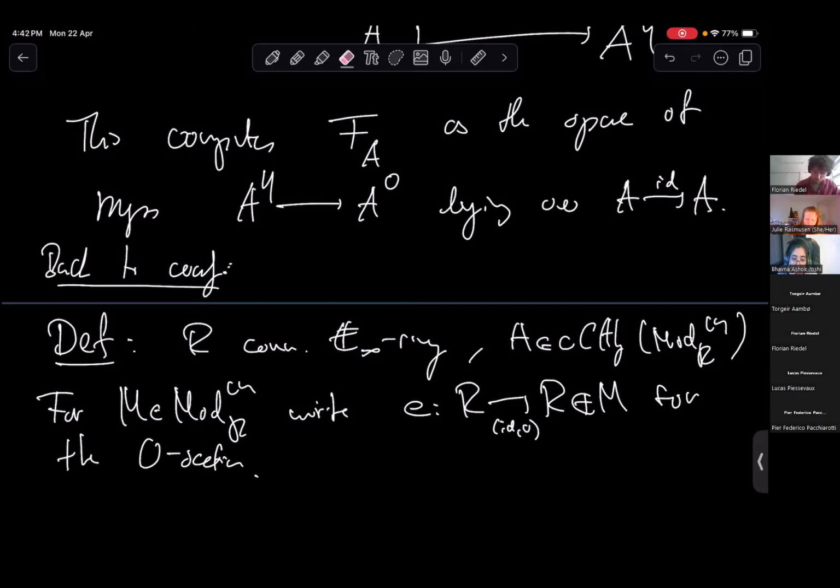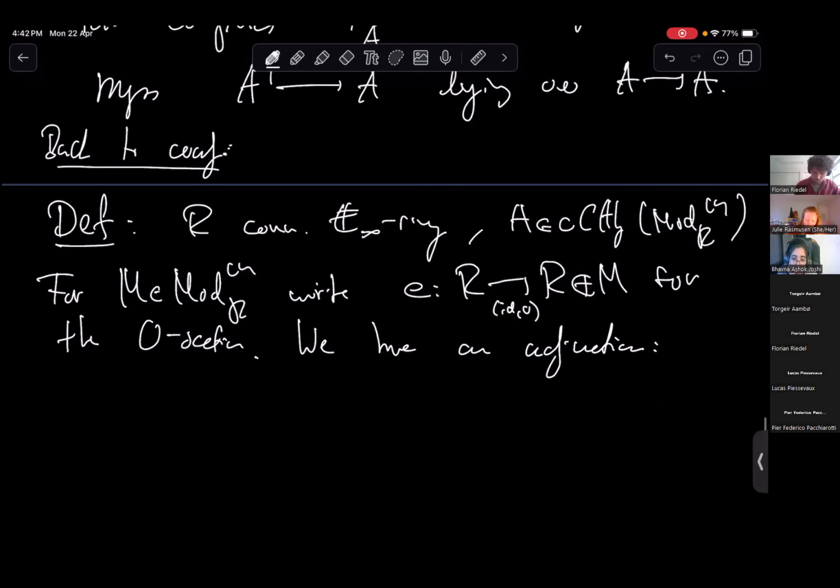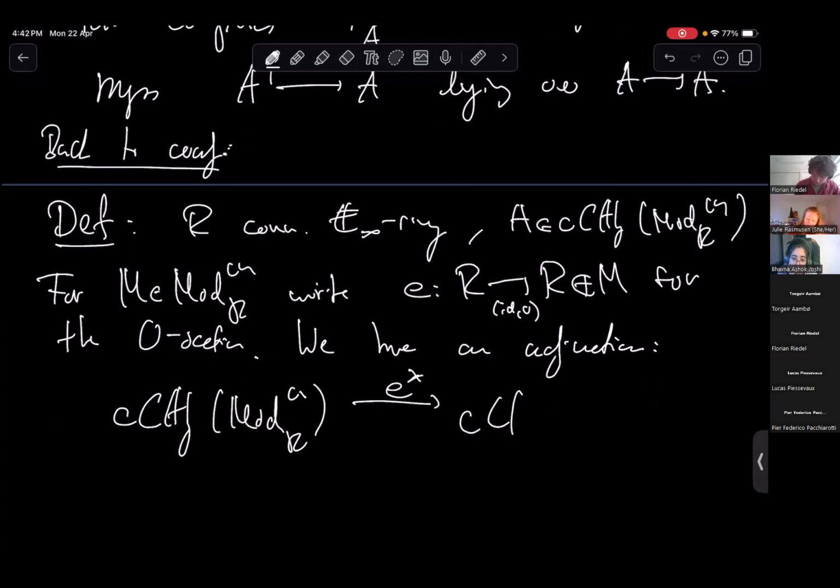Then just like before, we have an adjunction from coalgebras in connective R modules, and so we can base change up to coalgebras over the split square zero extension.